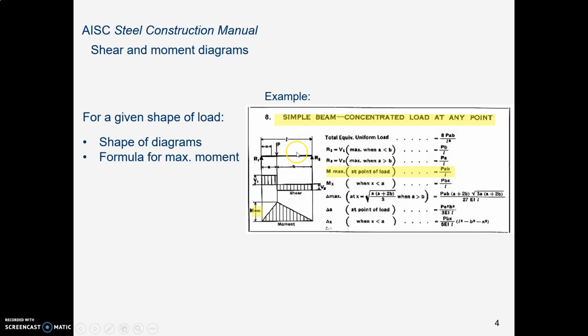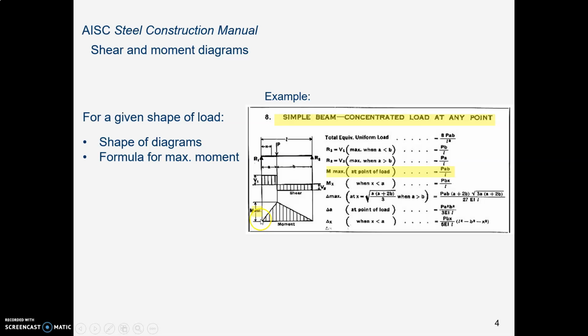In this particular example from AISC, we see the load at the top. So this is a simple beam, which means there's a support at each end. It's got one concentrated load, and it might or might not be in the middle of the beam. It's just somewhere. So 2 supports and 1 load somewhere in the beam. Below that, they show you the shear diagram, which you might recall from structures class.